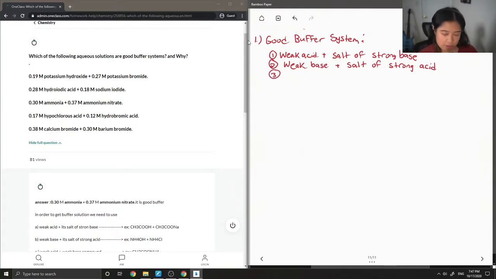And then lastly, you can have a weak acid plus a weak base compound.